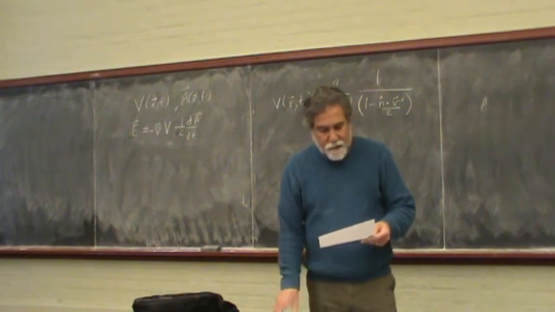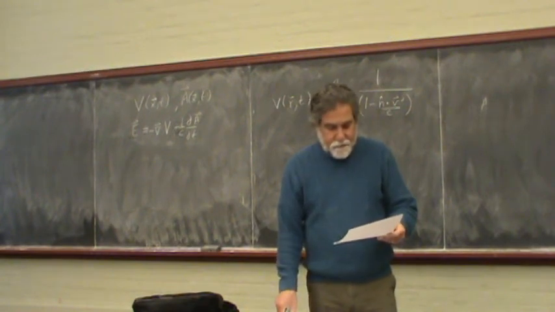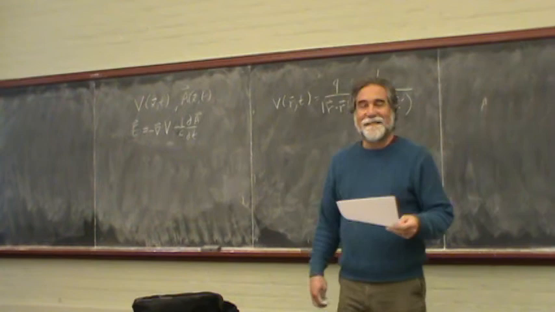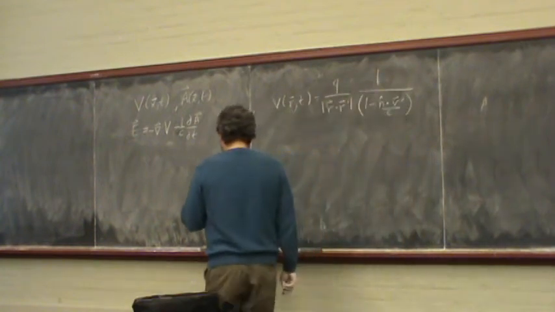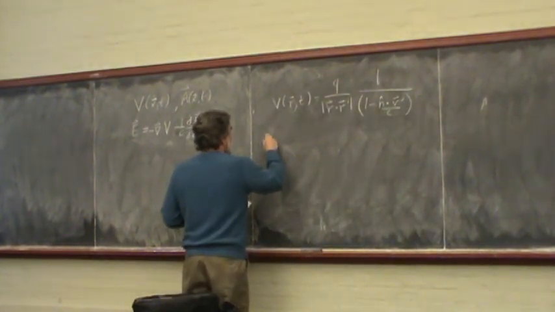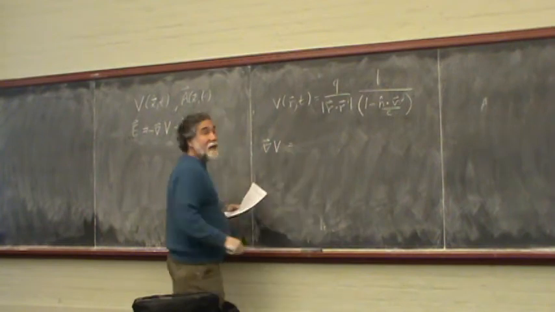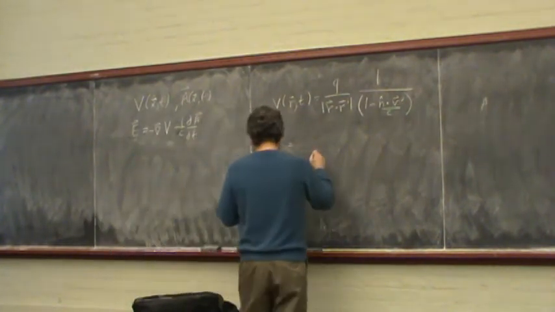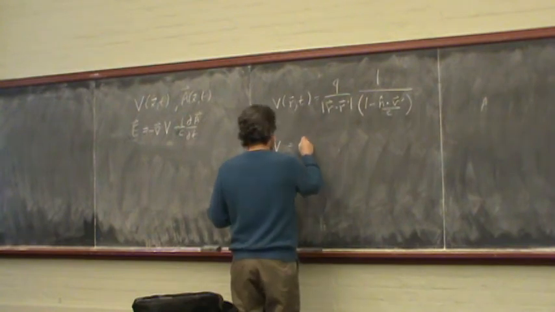I'm going to write out the complication, and then we're going to simplify. All right. So, gradient of v, so that's just that term, right? I'll just write it out.